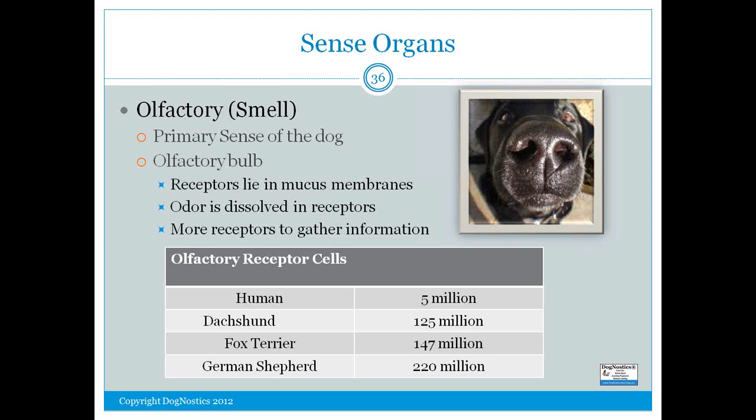The dachshund has 125 million, the fox terrier has 147 million, and the German shepherd has 220 million. And so you can see the difference. The German shepherd's nose is a lot longer and a lot bigger than a dachshund. Therefore, they're going to have more receptors in their nasal passages to gather that important information. And then it sends that information to the olfactory bulb in the brain.